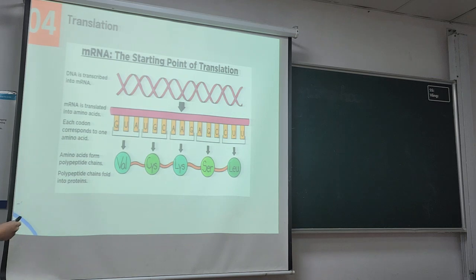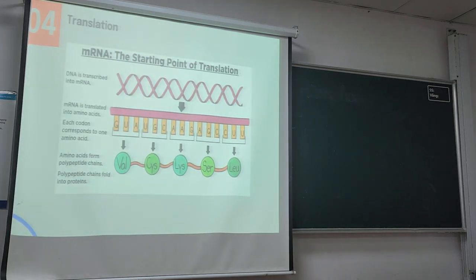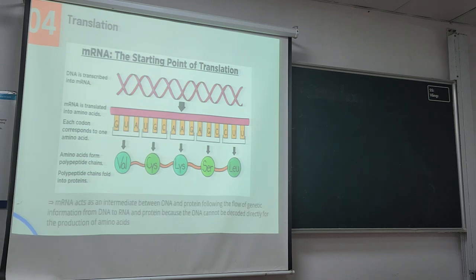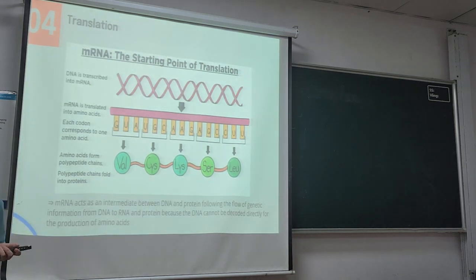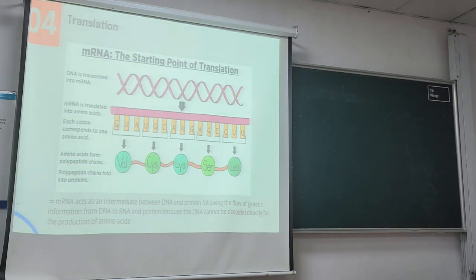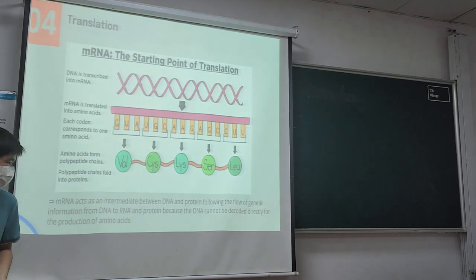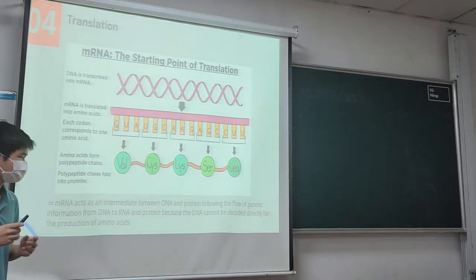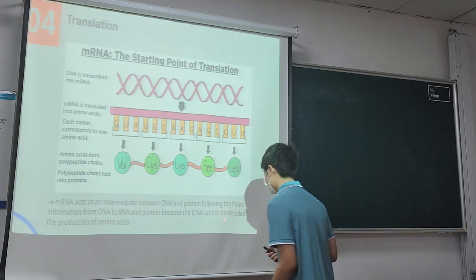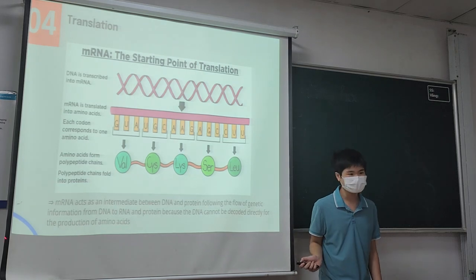And this process has a similar function. And in this process, mRNA will act as an intermediate between DNA and protein because DNA cannot be decoded directly for the production of amino acid.